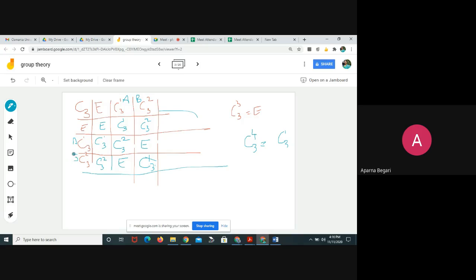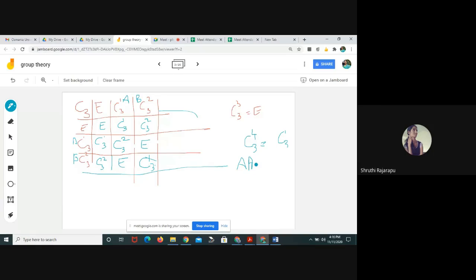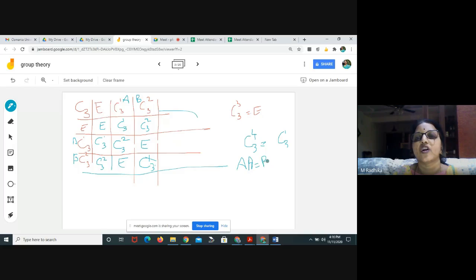A into A is equal to B. So what is the rule we followed here? A into A is nothing but B, not E. Got it? You are getting B here.